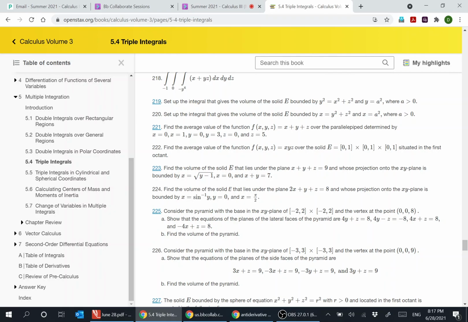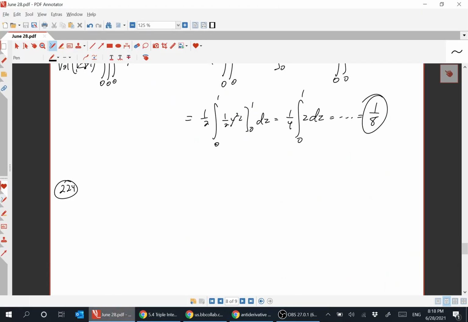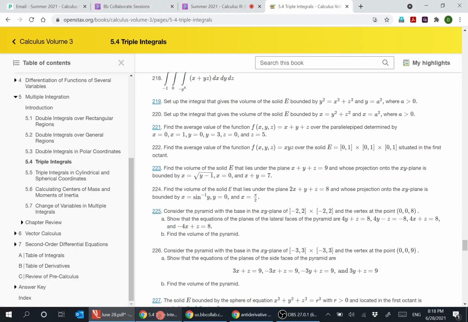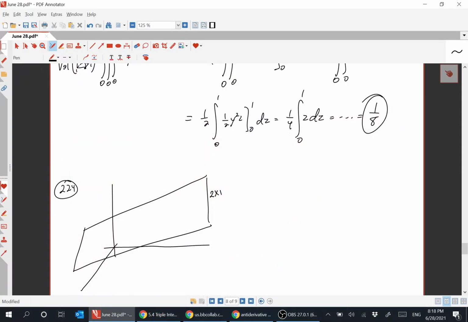So we've got this plane. Where's the plane? I'm not going to draw it exactly, I don't care what it looks like exactly. The plane is 2x plus y plus z equals 8.